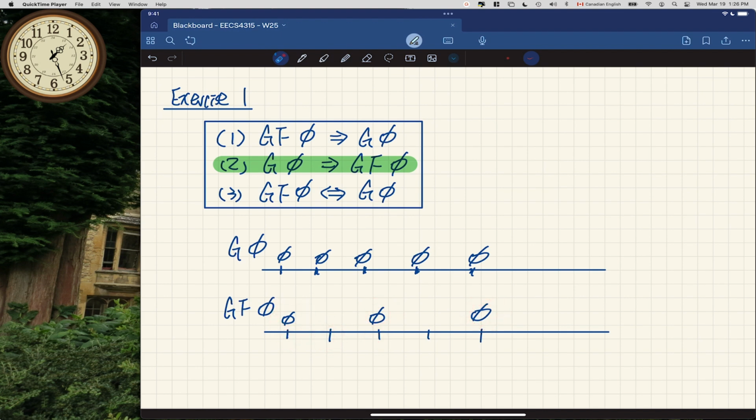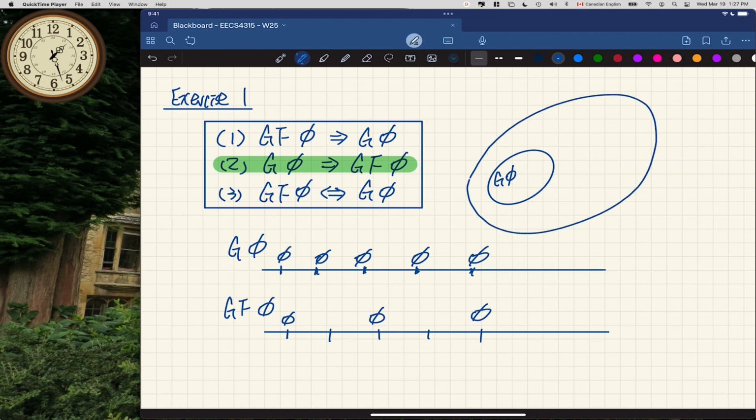So now here comes the important diagram. You really want to be able to visualize yourself, right? Since we say this one is strictly stronger, you must be able to draw things like this. Stronger means it should be a strictly smaller set of models that satisfy this property. So I'm going to put G phi over here, strictly smaller, and then GF phi is going to be right here.